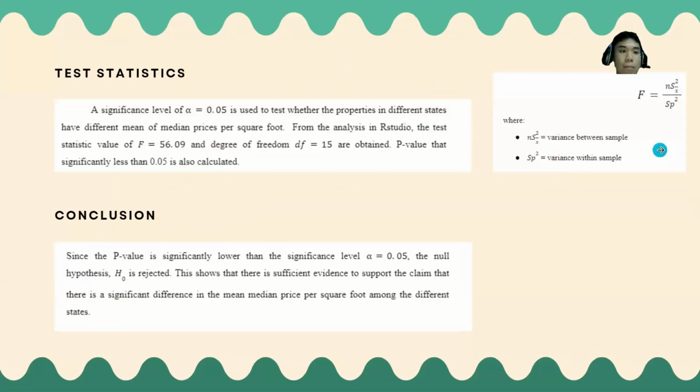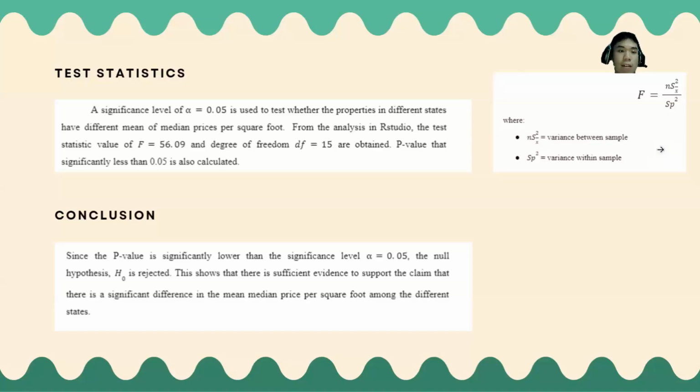So next, I will talk about the test statistic. From our test statistic, we have the significance level of 0.05, and it is used to test whether the properties in different states have different means of the median price per square foot. From the analysis in RStudio, we found that our test statistic value is 56.09 and the degrees of freedom is 15.